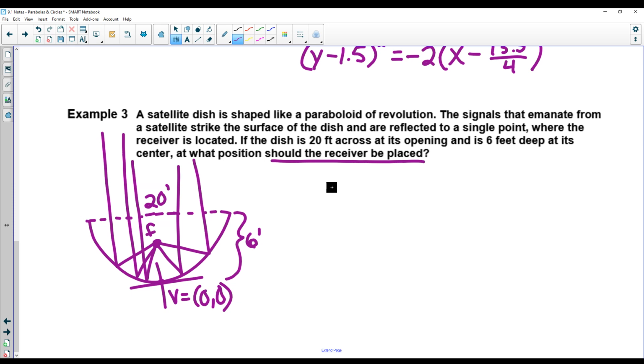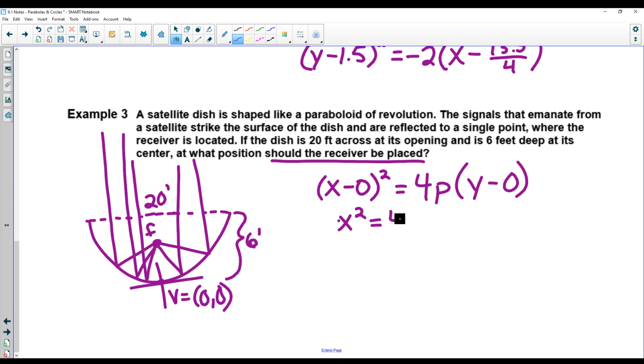So here's my equation so far for this. I would have x minus 0 squared equals 4p times y minus 0. I'm just plugging 0, 0 in for my h and k. So simplifying this, I've got x squared equals 4p times y.